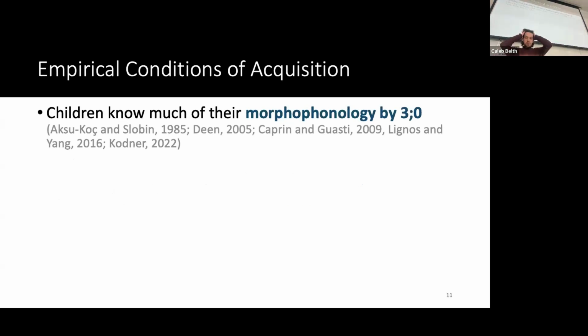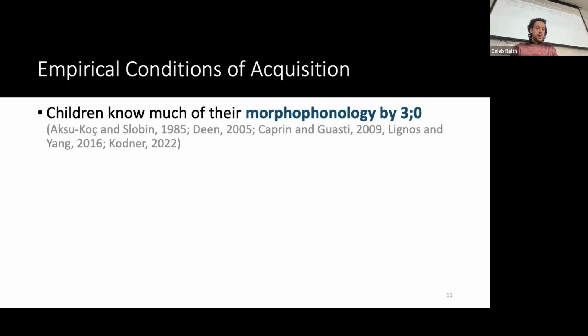All right, so a couple, three, I guess, empirical conditions of acquisition that I think are relevant. First of all, across a lot of languages that I've studied, children appear to know a big chunk of their morphophonology by the time they're 3 years old.